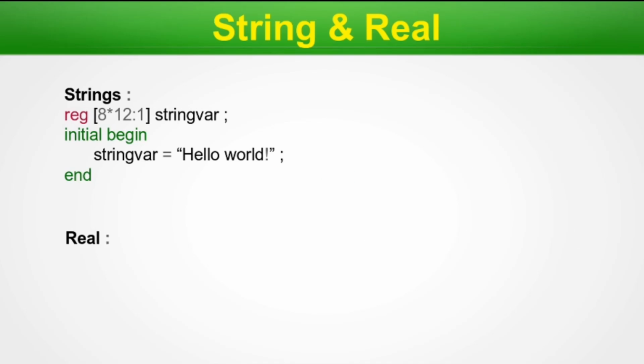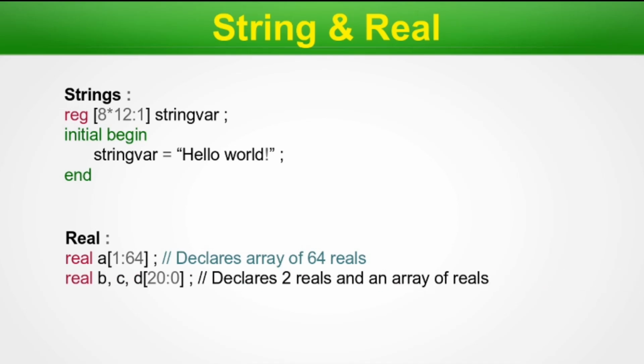And next the example is for real. So real is here A1 up to 64. It declares an array of 64 real values. It is a real variable and it's a vector variable. So here we defined B, C, D. D is from 20 down to 0. Here we declare two reals and an array of the reals. So guys, we have just seen how a real can be defined.